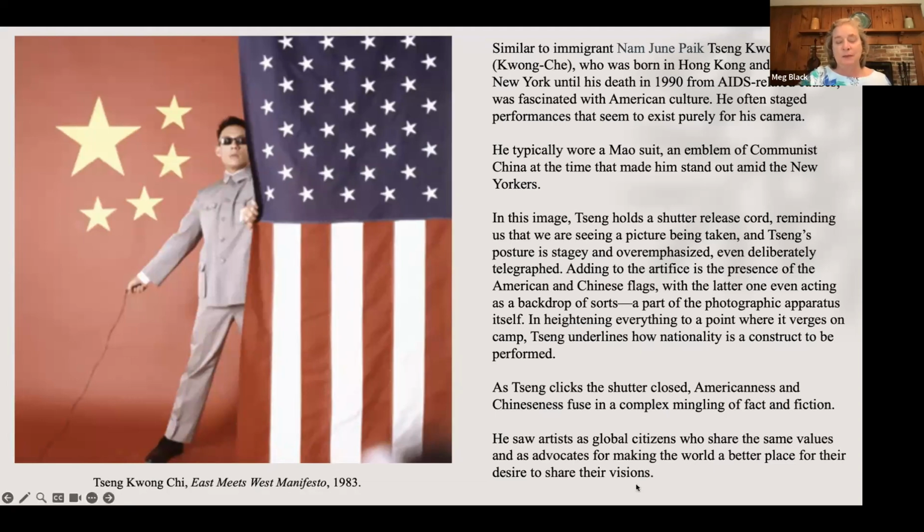Similarly, Kwang Chi saw artists as global citizens who share the same values and as advocates for making the world a better place through their desire to share their vision. And so here he is in his Mao Zedong suit.